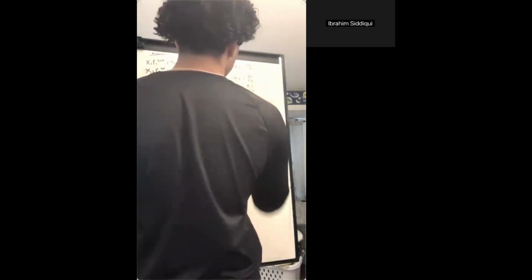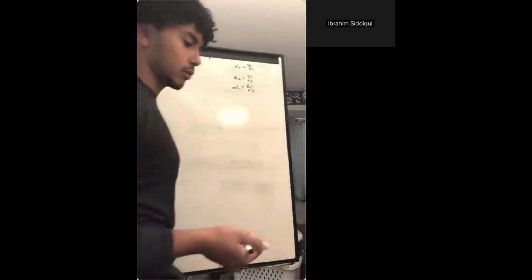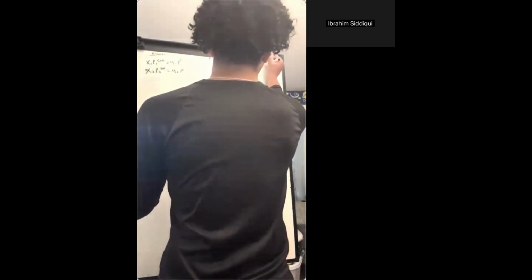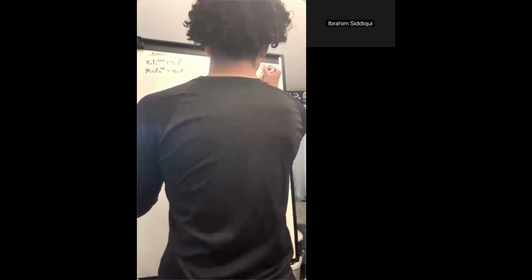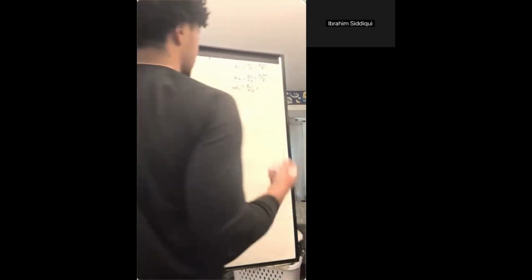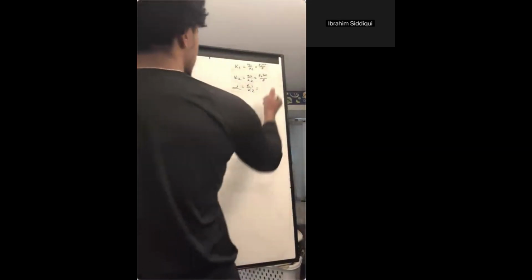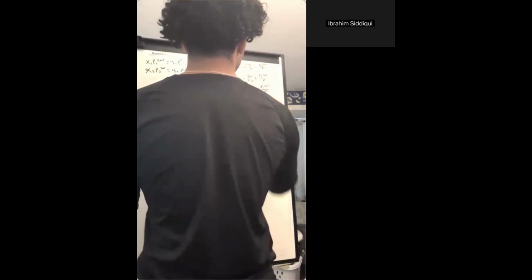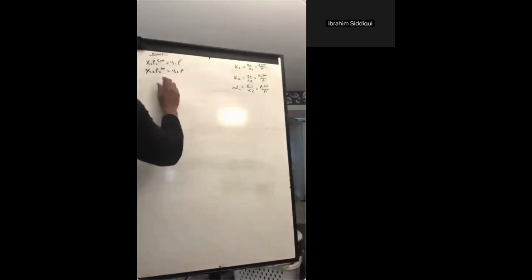Okay, so y1 over x1, we're going to state that as p1 sat over p, and this is going to be p2 sat over p, and our alpha is going to be p1 sat over p2 sat. So notice how the p's disappear. That's pretty much what's going to happen here.